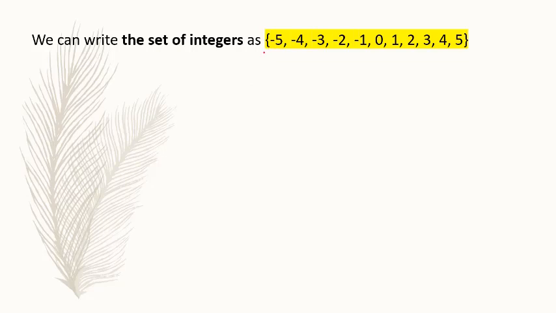You see, I have my braces open and my braces closed. Then between my braces, I have the negative numbers, I have 0, and I have the positive numbers. When you put the negative numbers, 0, and the positive numbers together, you have the set of integers.